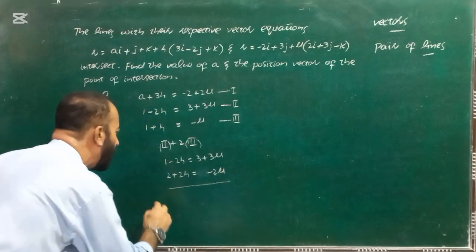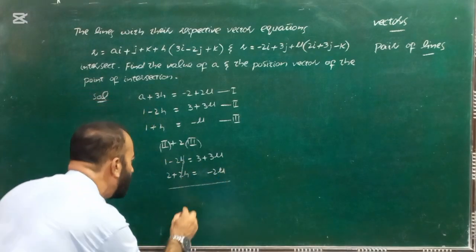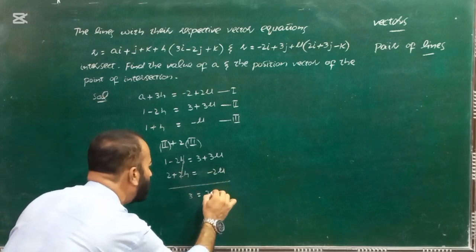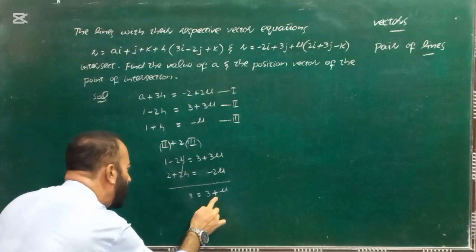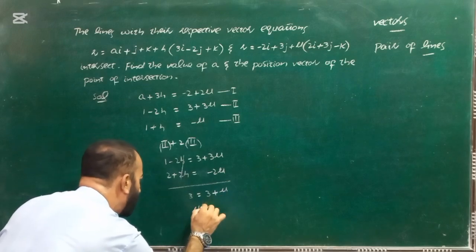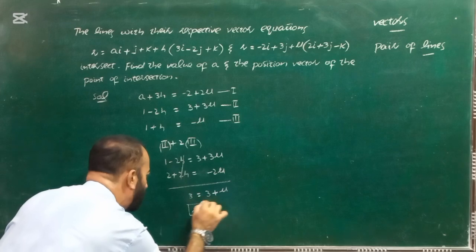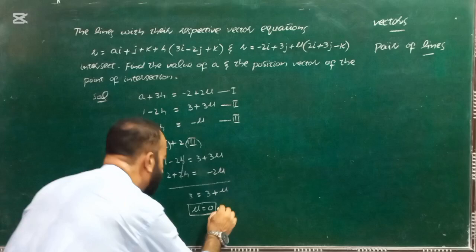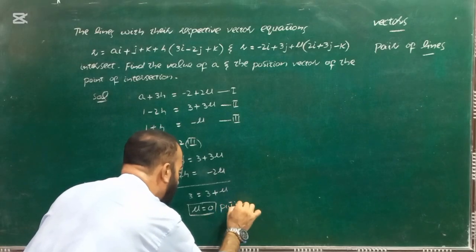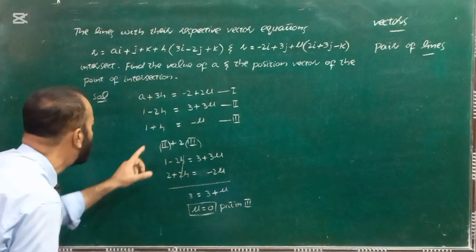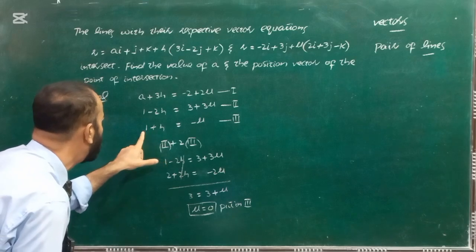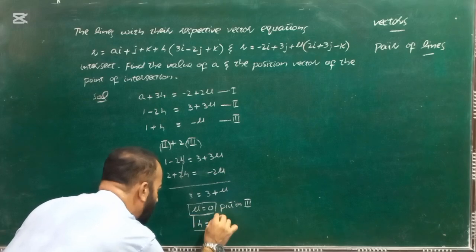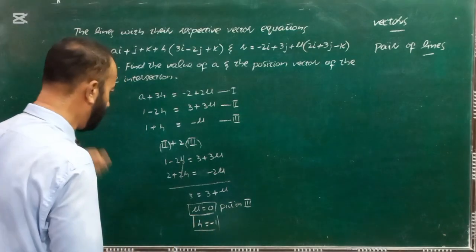These two are going to be added, so the lambda term will be cancelled. So 3 will be equal to 3 plus mu, and from here mu will be equal to 0. So this is the value of mu. Putting this value into 3, lambda will be equal to minus 1. So this is the value of lambda.